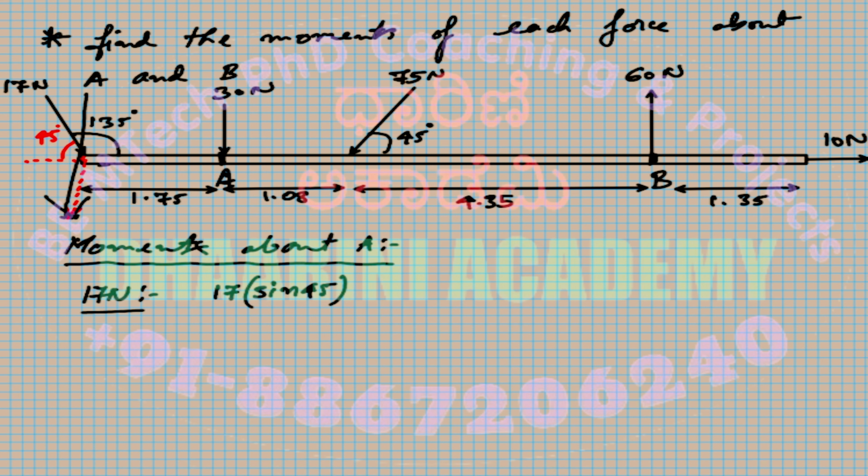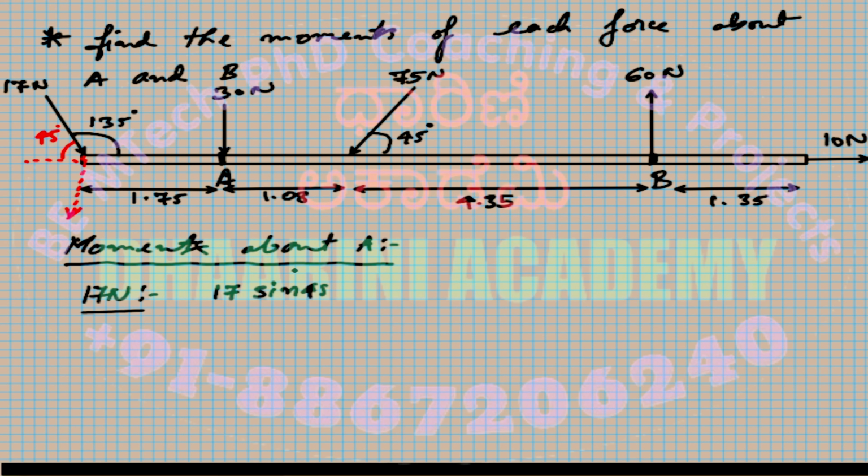The perpendicular distance is measurable only with respect to the vertical component of the 17 Newton force, and not with respect to the horizontal component or the given force as it is. So 17 sine 45, this is the force, into the distance. The distance is 1.75 meters.